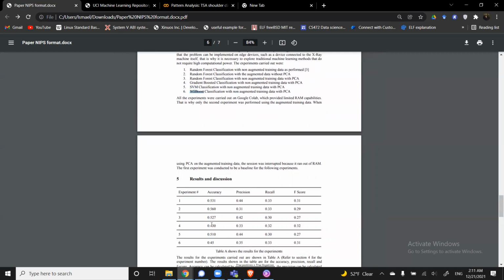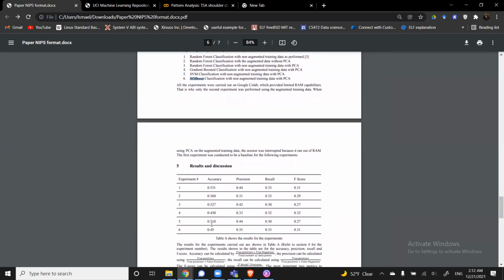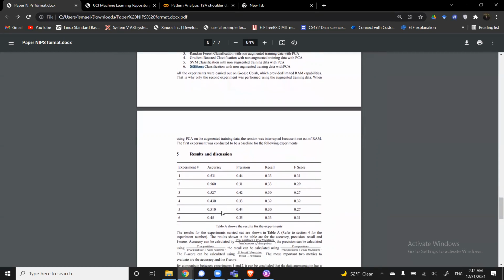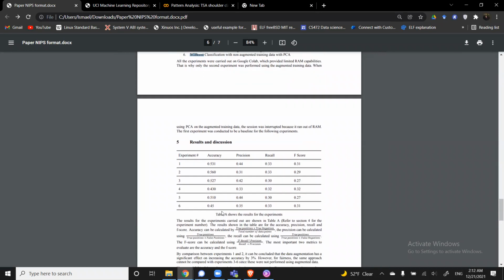When I performed those experiments with the PCA, the accuracy of the SVM classifier was fairly good. It was 51%. However, the accuracies of the XGBoost and the gradient boosted classifier were bad to some extent.